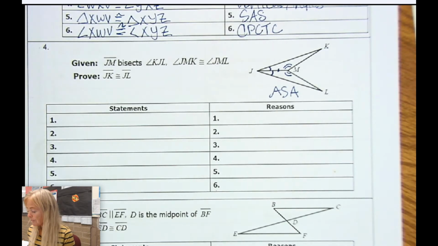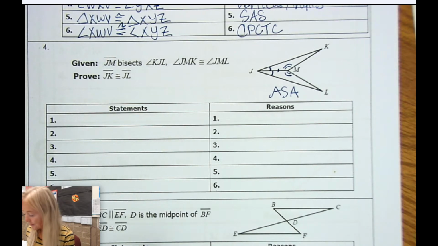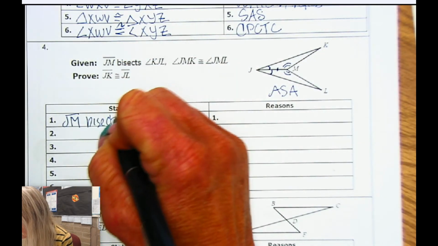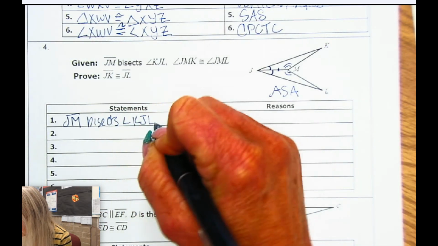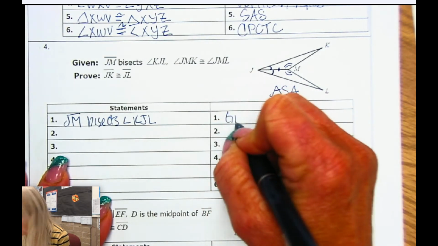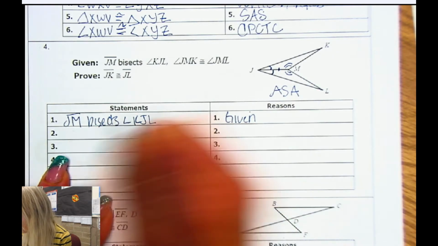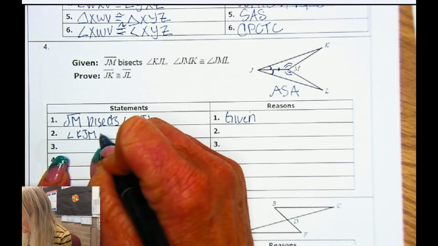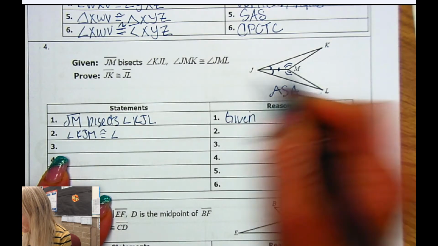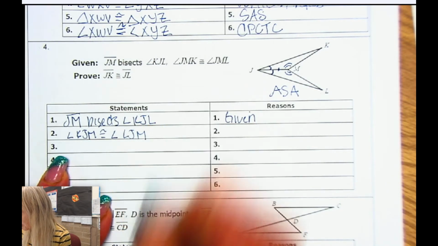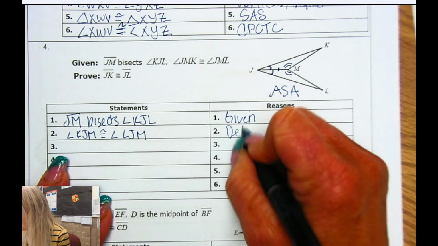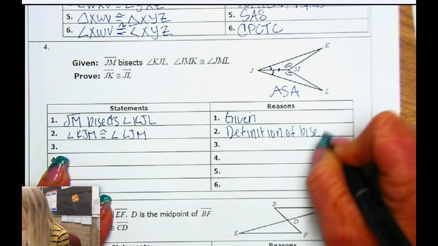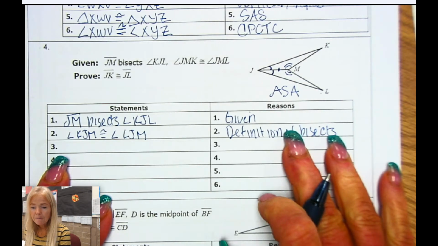All right, cool. So JM bisects angle KJL, and that's given. And from that given information, we know that these two angles are congruent. So angle KJM is congruent to angle LJM, and that's because of definition of bisects, right?